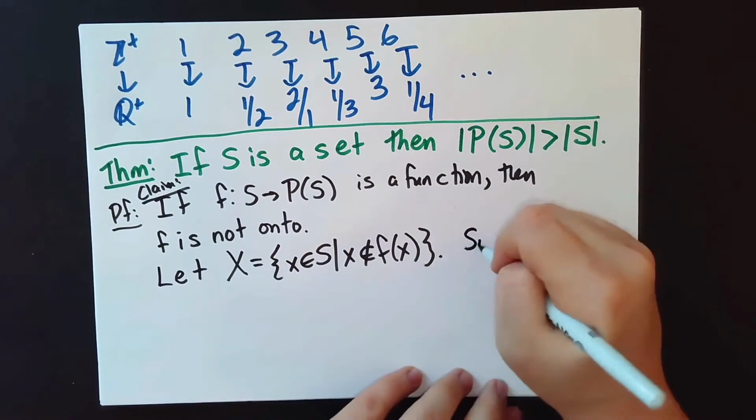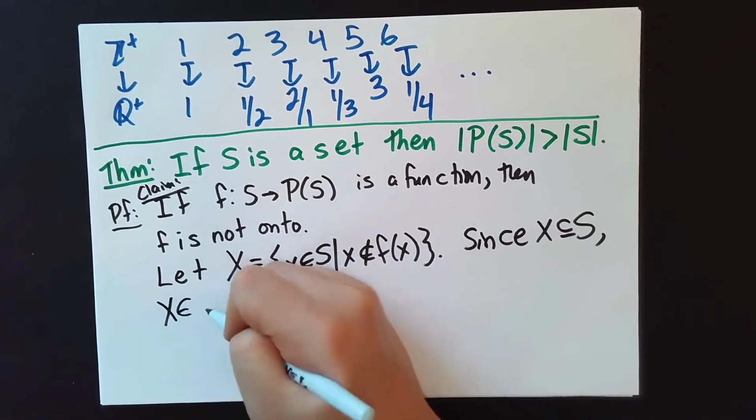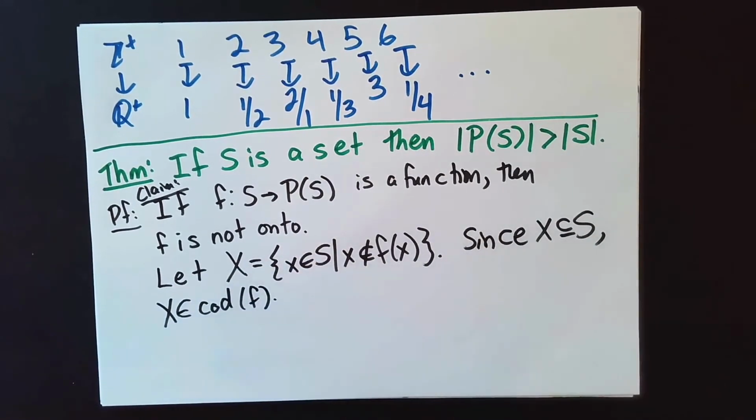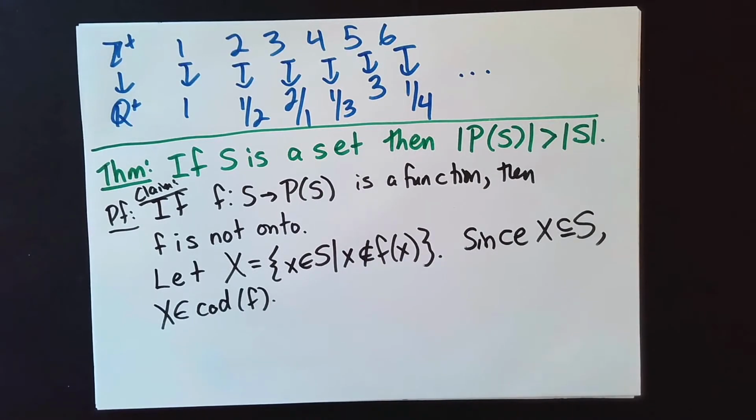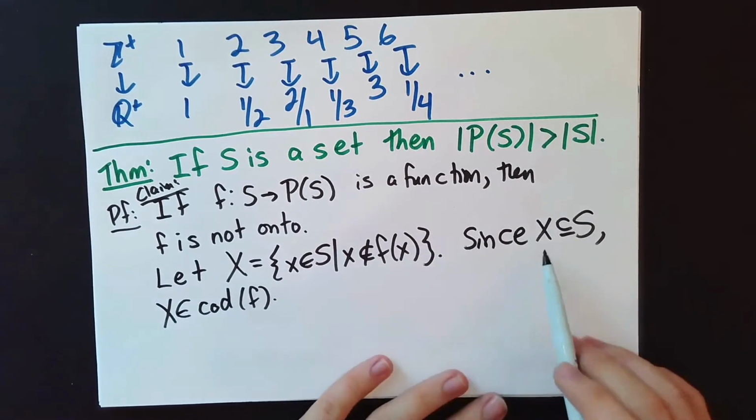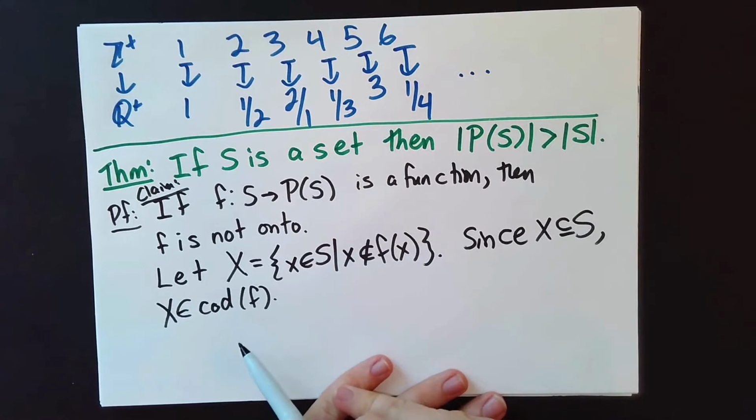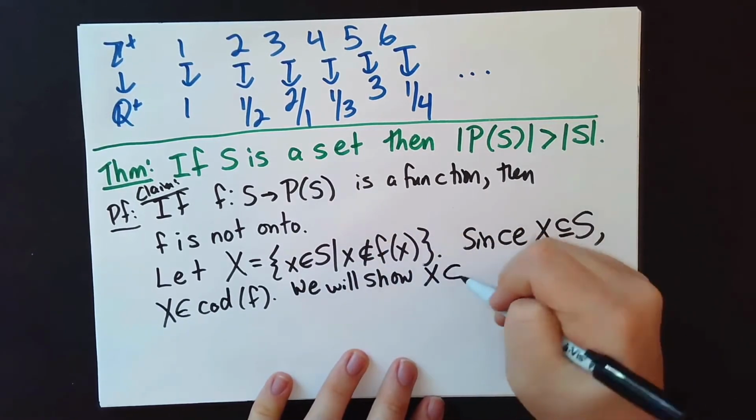Now, how is this going to lead us into a proof that this function's not onto? Well, this thing is an element of the codomain, because it's a subset of S. So what are we going to prove? We're going to prove that even though X is an element of the codomain of f, X is definitely not in the image of f.